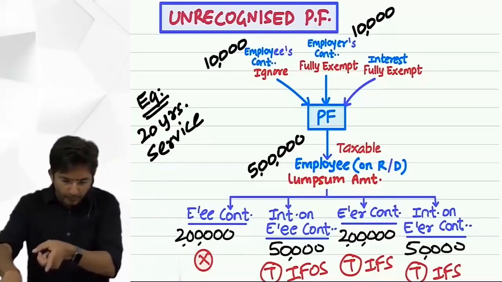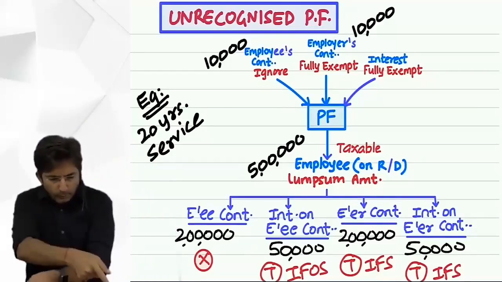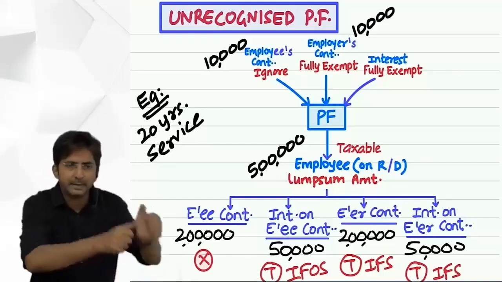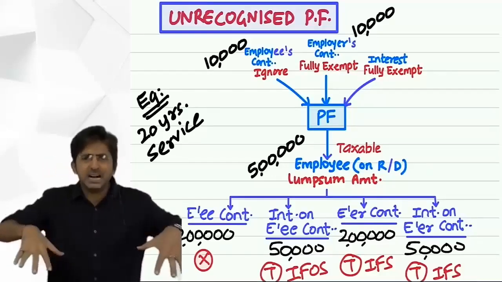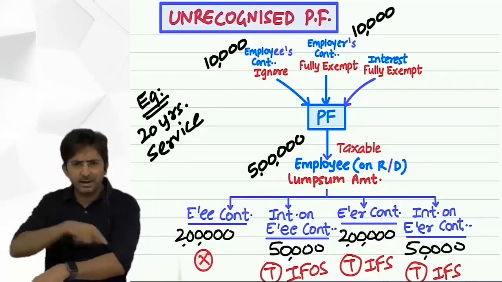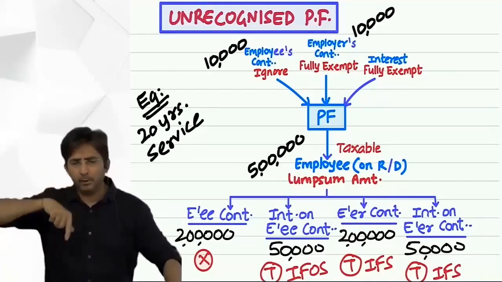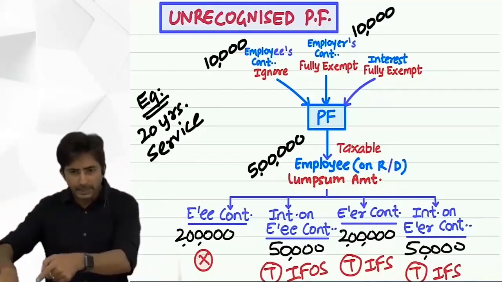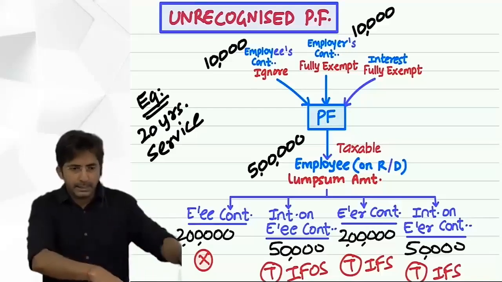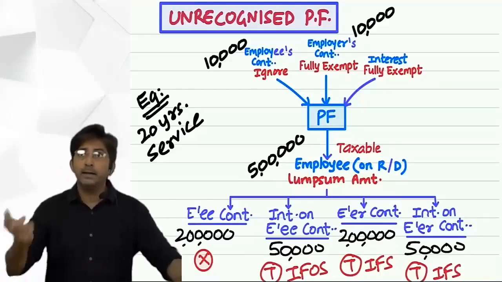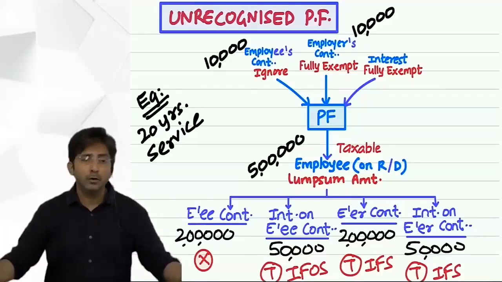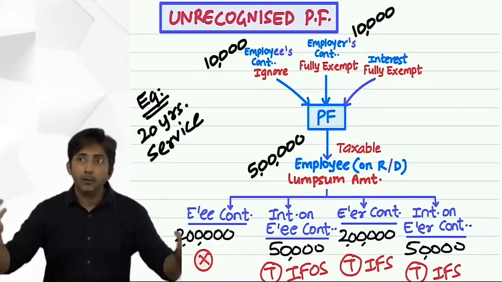Interest on it: income from other sources. Employer's contribution and interest on it: income from salary. I am drawing the chart. The four parts are the employee's contribution, interest on that, the employer's contribution, and interest on that. What is the effect? The employee's contribution is ignored because that is accumulated from your basic salary.